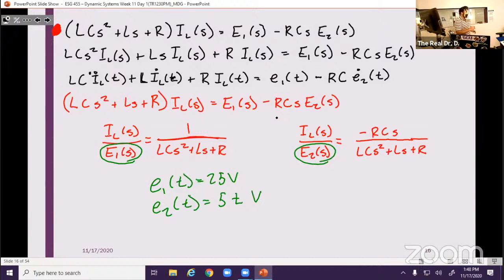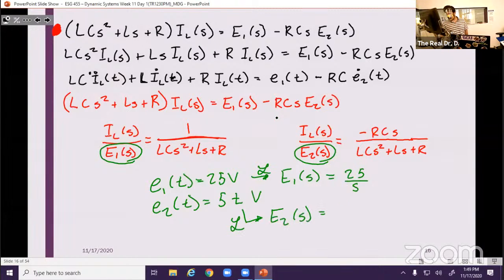So if you were asked to do the transfer function method, do not take the Laplace transform of your inputs until you are ready to multiply your transfer function by your input. Because we can take the Laplace transforms here. This just becomes E1 of S equal to 25 over S, and this one becomes E2 of S equal to 5 over S squared, from the table.